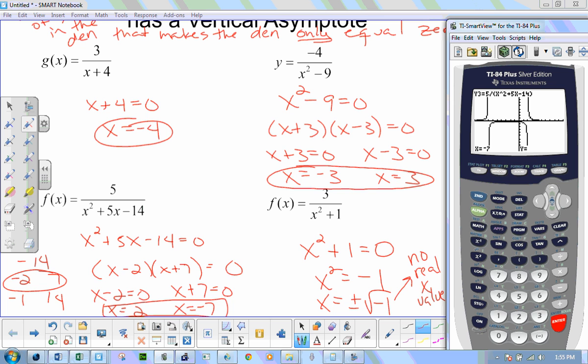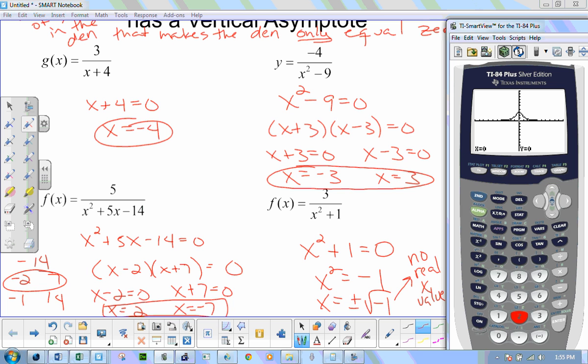So I'll go to my graphing calculator, and I will turn off example 3, turn on example 4, and we will expect to see, in fact, no vertical asymptote here. Okay? And in fact, we don't. We don't see a vertical line that creates a discontinuity in this.